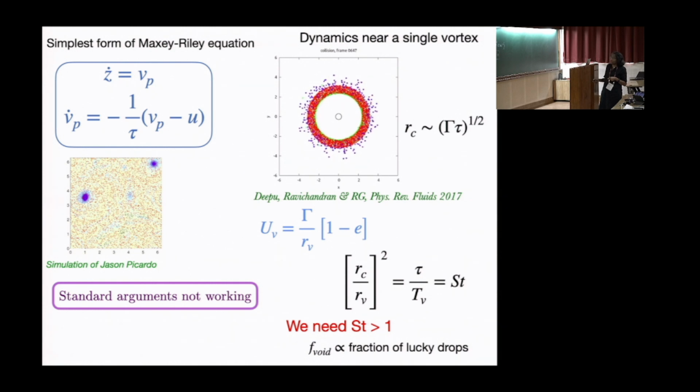Given this, we can estimate that you need a Stokes number greater than 1 for any raindrops to collide and grow, and this is a local Stokes number based on the vortex time scale. When the vortex becomes very rapid, similar to the particle time scale, you can have that. And the fraction of the void is proportional to the fraction of the lucky drops who join together to make big raindrops.